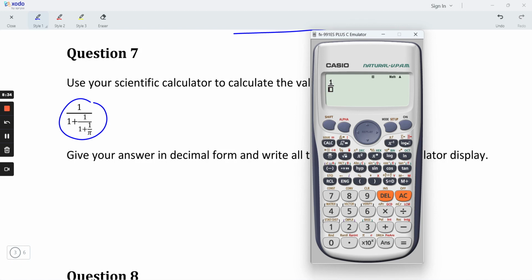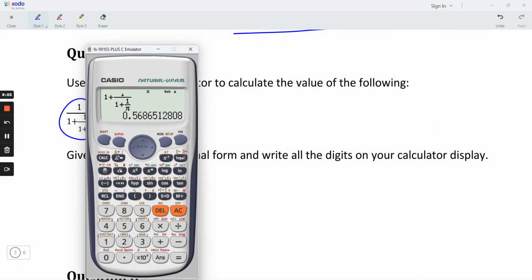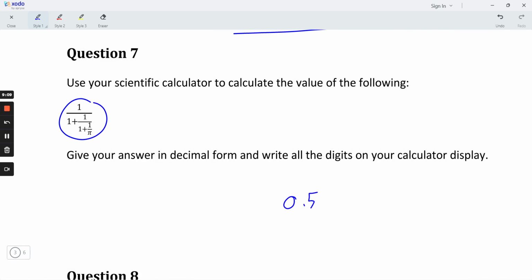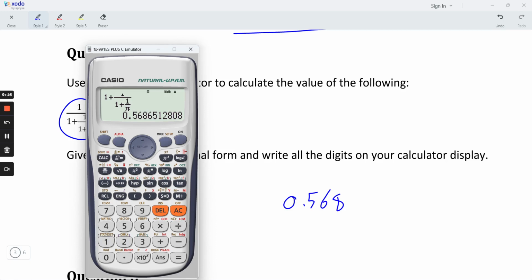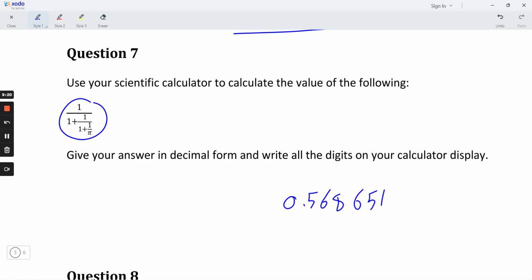So 1 over 1 plus, again we have a fraction, 1 over 1 plus another fraction, 1 over pi. Shift pi, equal. This is our answer. They need us to write the full digits. So 0.568651 2808.